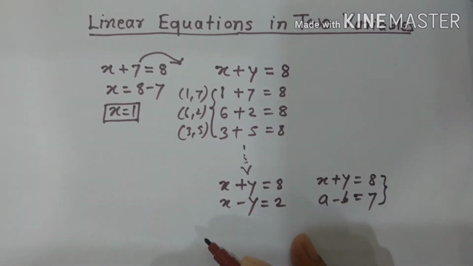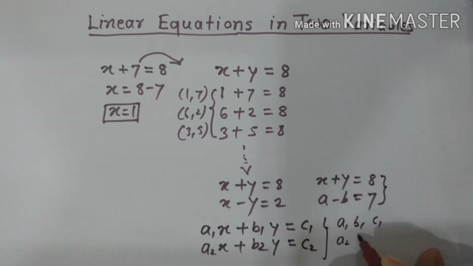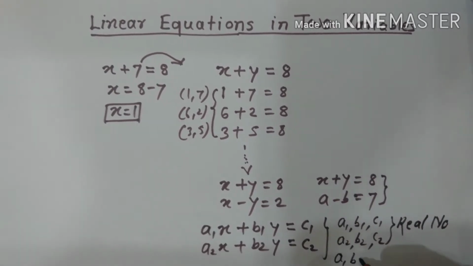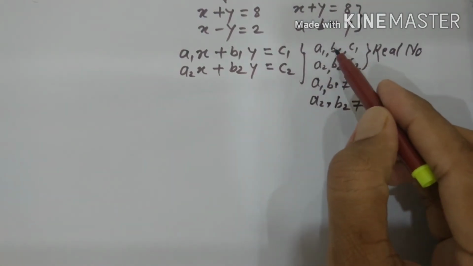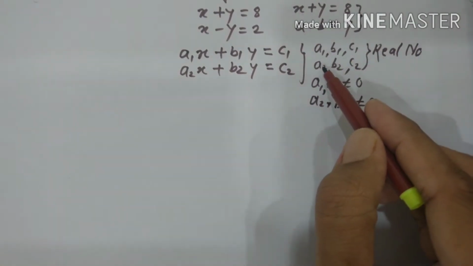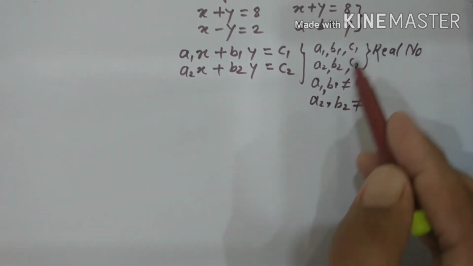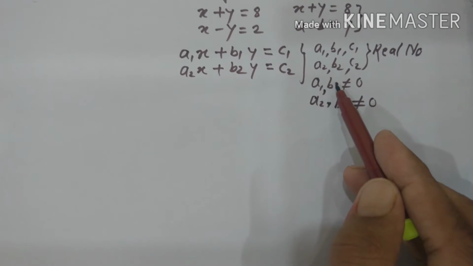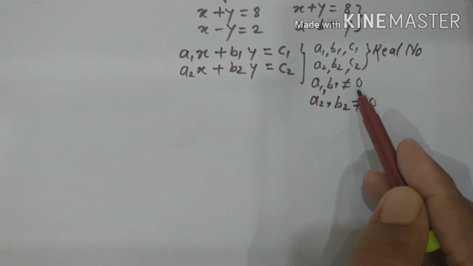The general form of simultaneous equations is given, where a1, b1, c1, similarly a2, b2 and c2 are real numbers, and a1, b1 and a2, b2 are not equal to 0 at the same time.